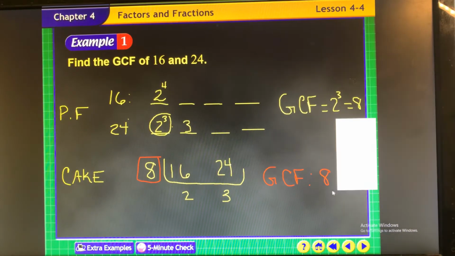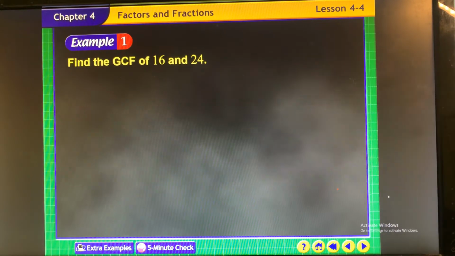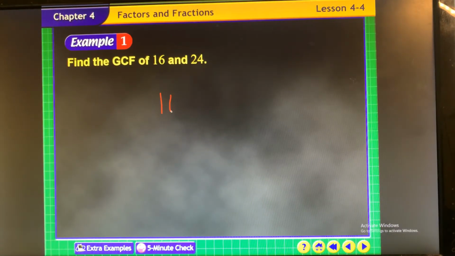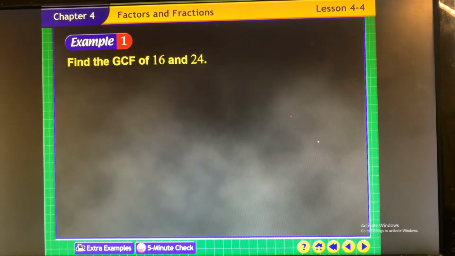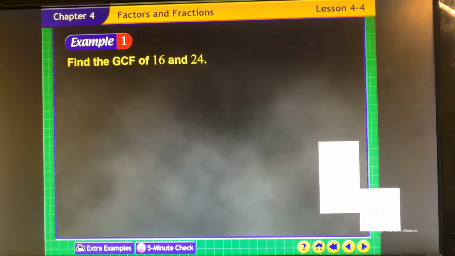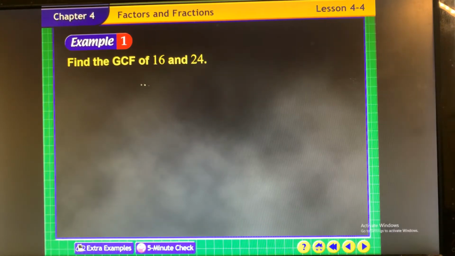Or let's say you didn't know what the biggest number was. So I have 16 and 24 and I start to build my cake.